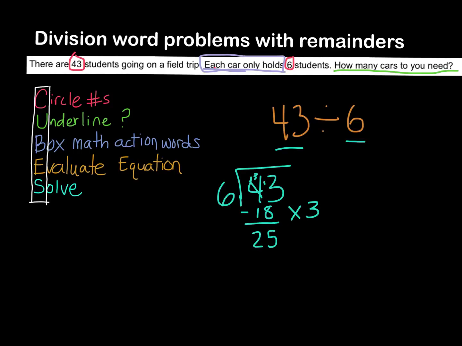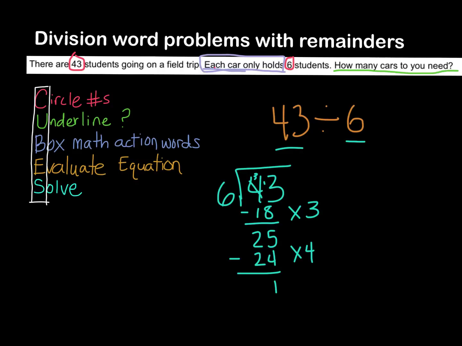And I see I still have 25 left. So I know 6 times 4 is 24, and I'll do that subtraction. Now I've got a remainder that is smaller than my divisor, so I know I'm finished.